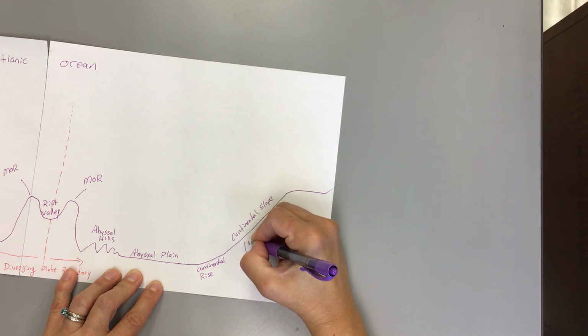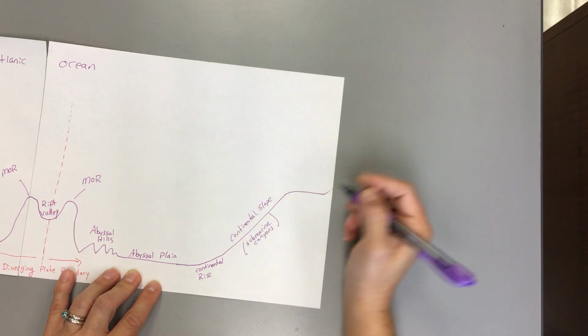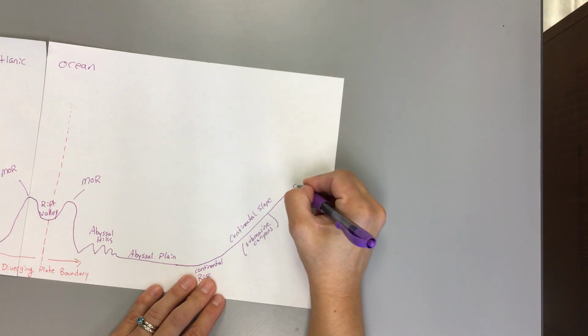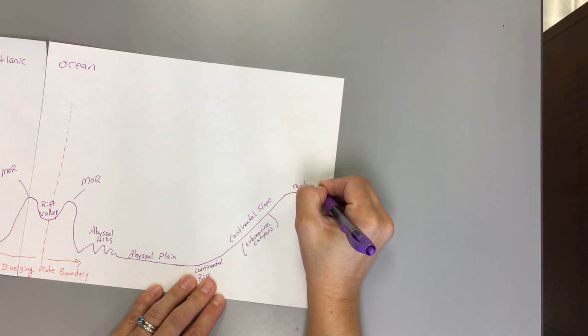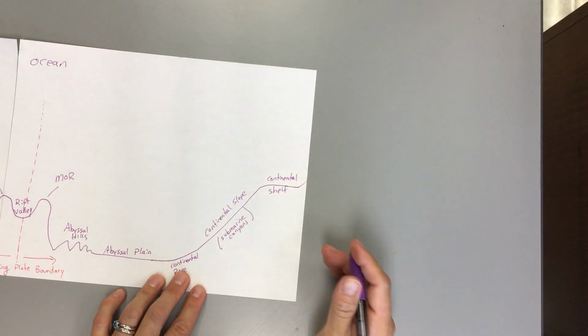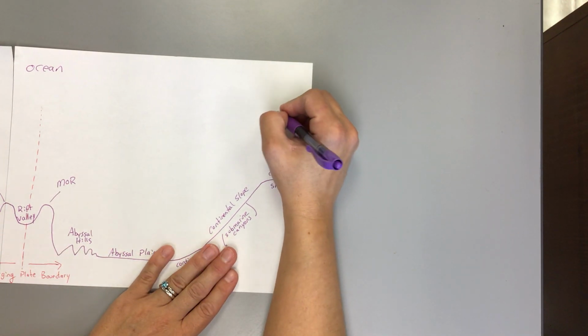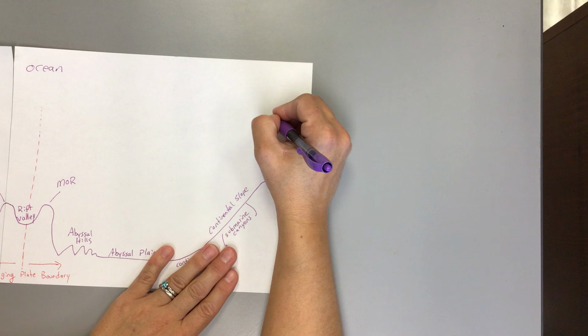Again, we may get submarine canyons in the slope. Here's our continental shelf. Over on this side we have Europe.